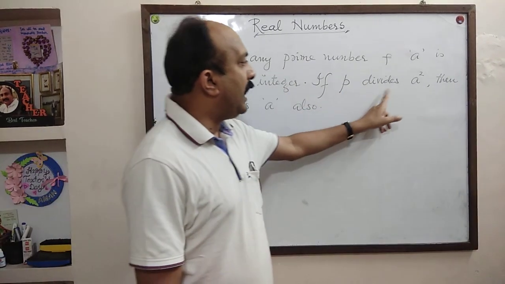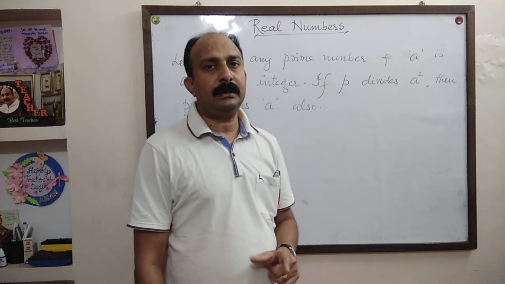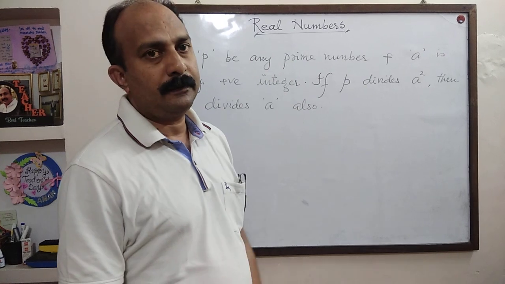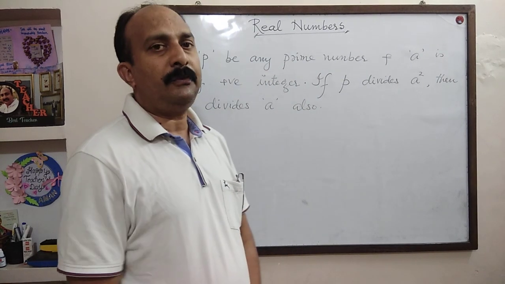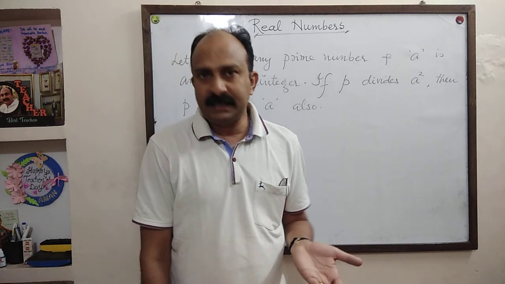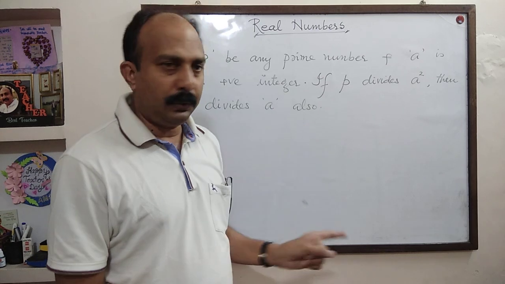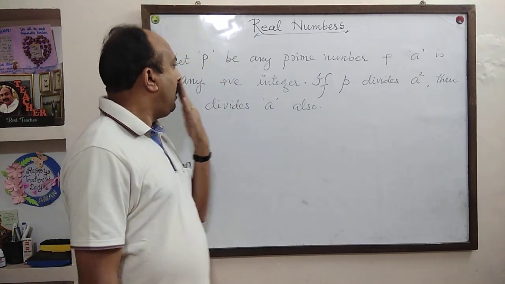If p divides a square, what do you mean by p divides a square? p divides a square means p is a factor of a square. 2 divides 10. We say 2 divides 10. What does it mean? 2 is a factor of 10. So here the statement goes like this.